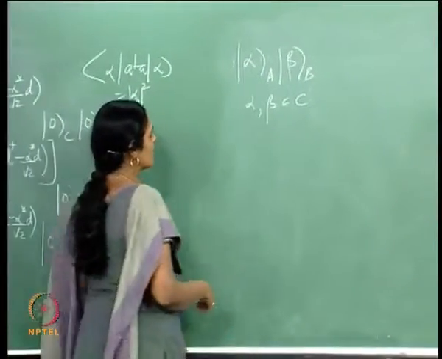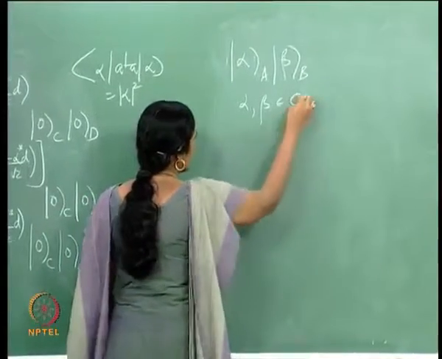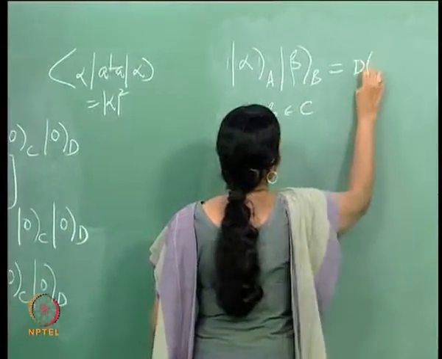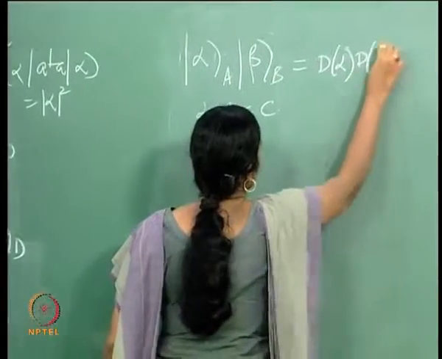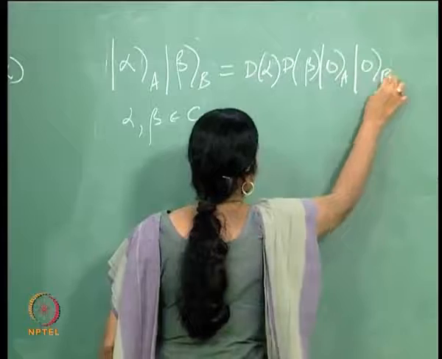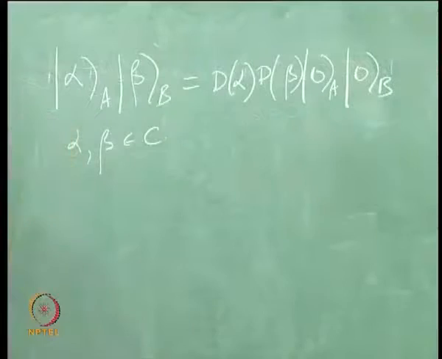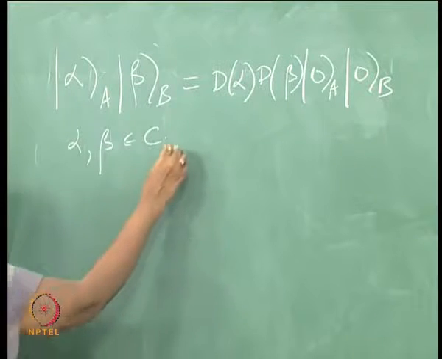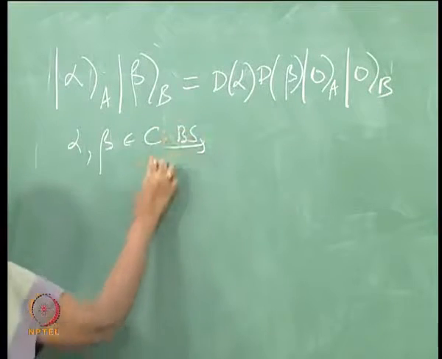And so, what do I have by way of output? So, this can be written as D of alpha, D of beta, 0 A, 0 B. So, this is passed through the beam splitter.